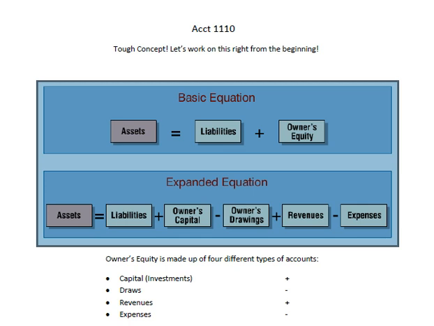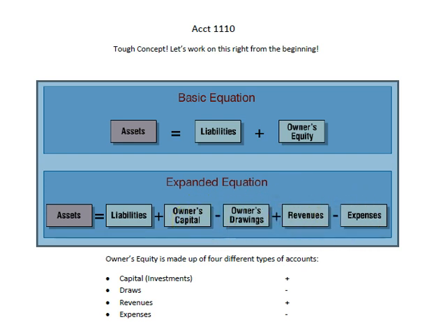In Chapter 1, we expanded this basic accounting equation in the area of owner's equity, and the expanded accounting equation kept assets intact and liabilities intact, but it broke owner's equity out into the four accounts that tend to make it up.